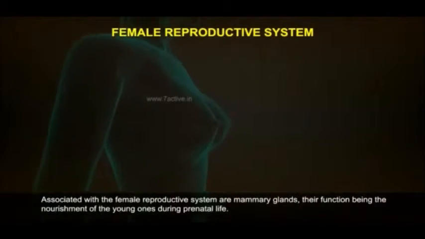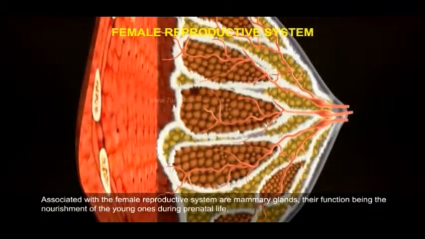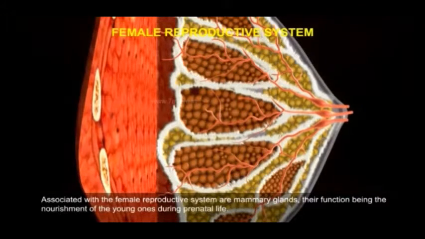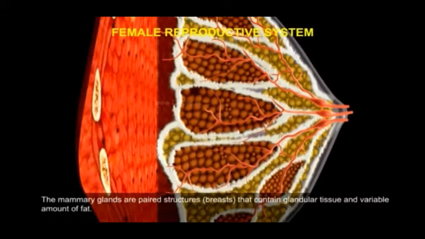Associated with the female reproductive system are mammary glands, their function being the nourishment of the young ones during postnatal life. The mammary glands are paired structures, breasts, that contain glandular tissue and a variable amount of fat.